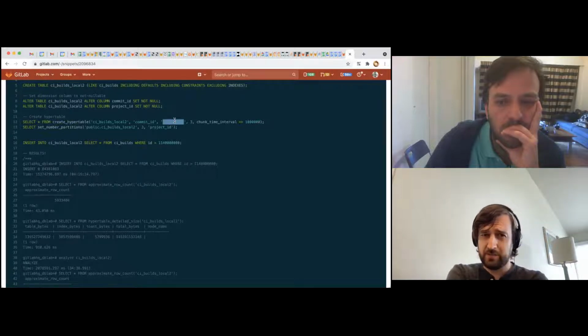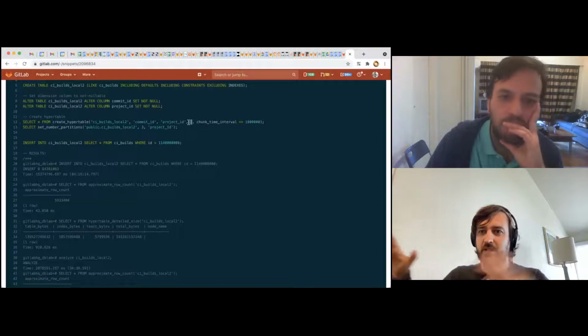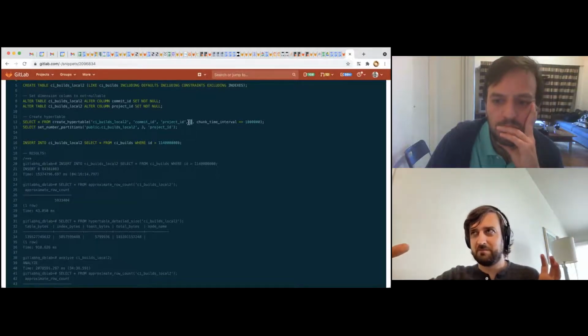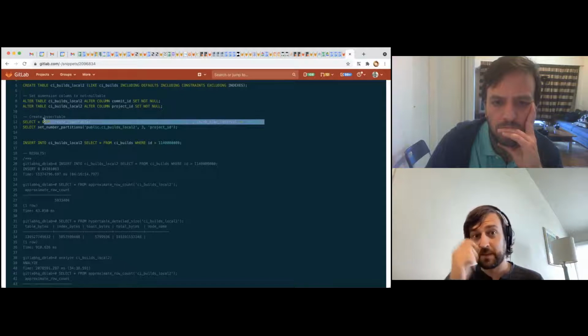CI builds don't have a namespace, so for a dirty proof of concept, I used project ID, and I said we want to split it into 3 big chunks by project ID, and then chunks of 1 million each. So it's like 2-dimensional partitioning.